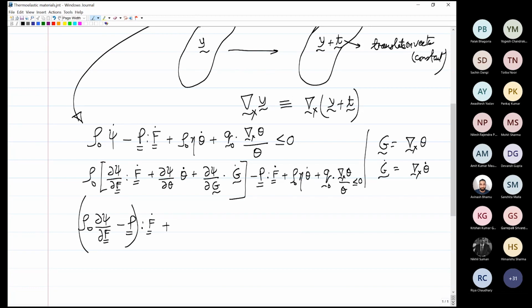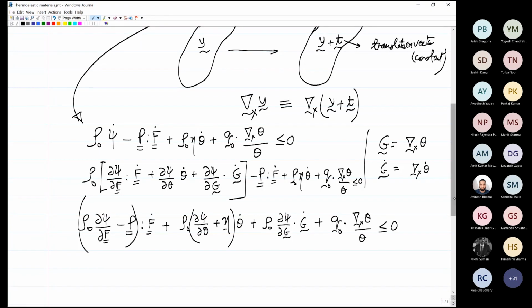Okay, likewise for the ones corresponding to theta dot, you have rho naught del psi del theta plus eta times theta dot. Then you have rho naught del psi del g dot g dot, and finally Q naught dot grad x theta over theta, being less than or equal to 0.